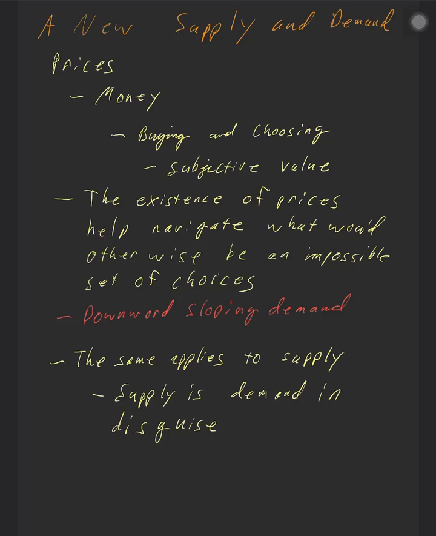The same then applies to supply. And in fact, supply is just demand in disguise. Let's study an example. If we have 4 gallons of water and you want to convince me to part with one of them, it won't necessarily take very much because that gallon might be used for my least important want, washing the windows in the case that we've gone to so far.